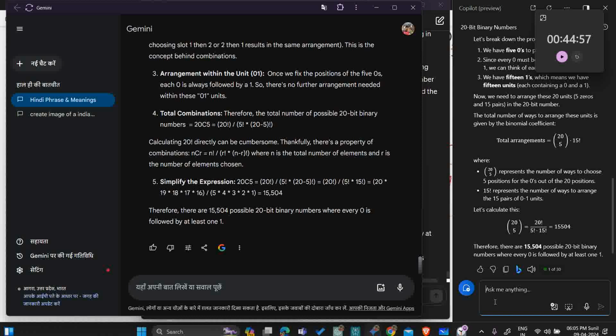Not like that. It's like factorial of 15 divided by factorial of 10 into factorial of 5, like that, and I can say right answer.